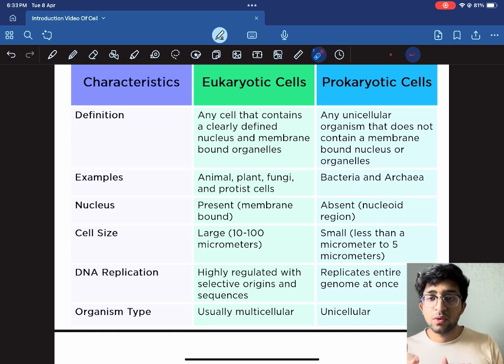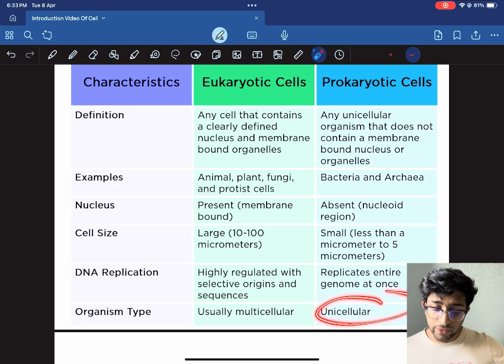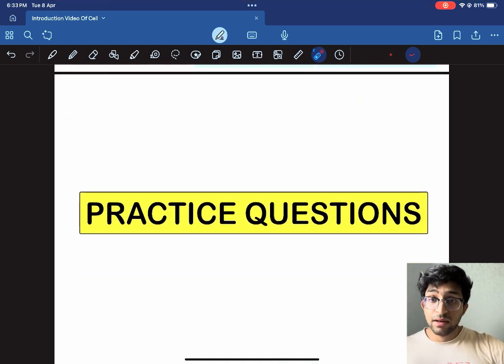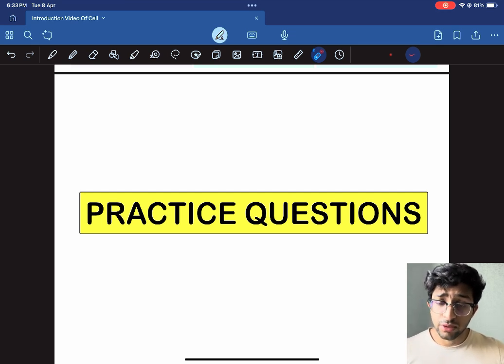It is never going to happen again, right? And the eukaryotic organisms are multicellular, and the prokaryotes are unicellular. So this was about the definition of cells, the types of cells, discovery, and the cell theory, right? Now let's get into some practice questions and make our concepts stronger.